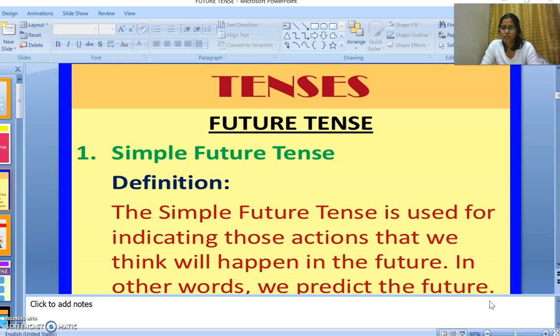And it is also used for making predictions based on our prior knowledge. Right. So the two features of simple future tense are: first, to talk about actions that will take place in future, and second, for making predictions based on our prior knowledge. Okay, I hope it's clear. Let's move on to our next slide.